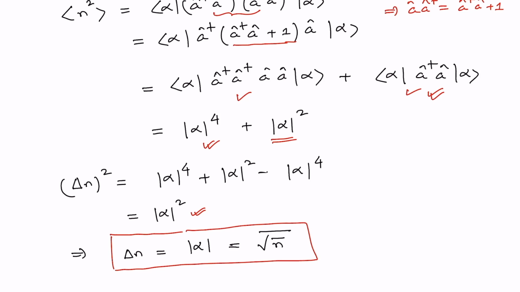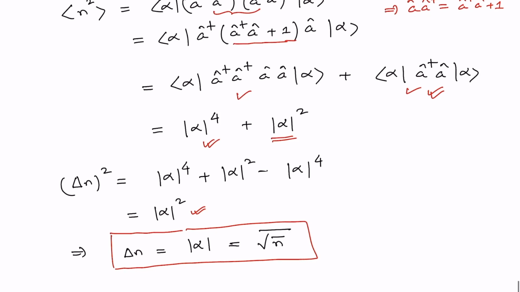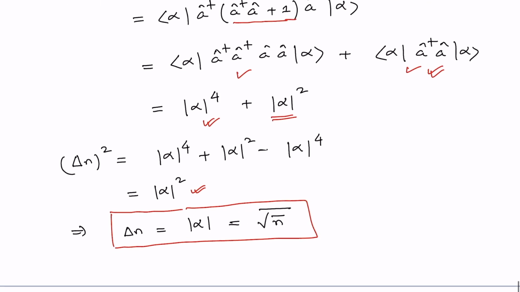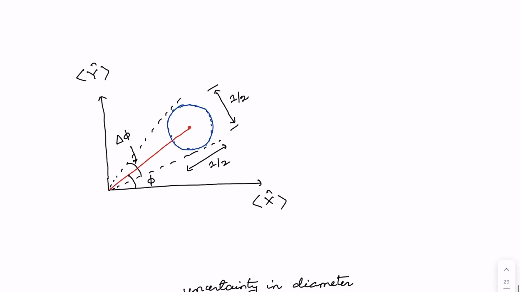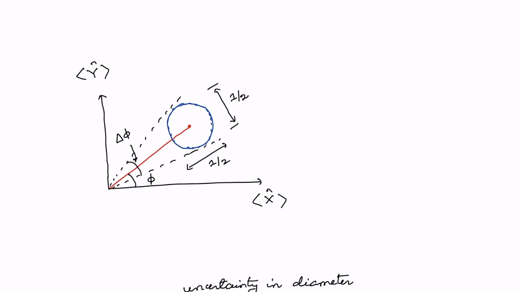Now we have to find out what is delta phi. That we can find out by using the geometrical interpretation of the coherent state. As you know, the coherent state is nothing but a displaced ground state, and this is what you are having. We are considering here the quantum uncertainty of a coherent state with amplitude alpha.